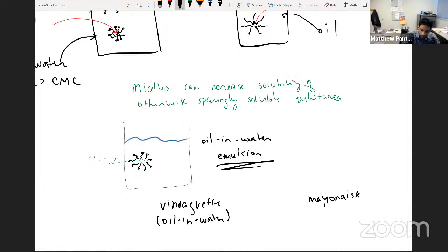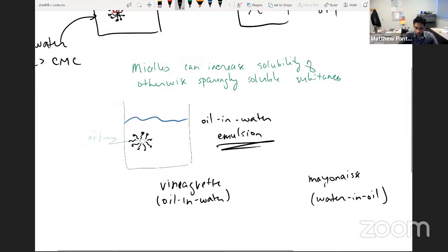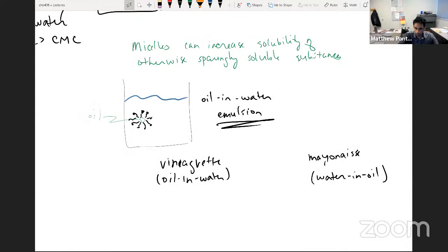Okay, and mayonnaise is a water and oil emulsion where you start with a continuous phase of oil and there is some amount of water in there. So, things to think about that change when you emulsify.